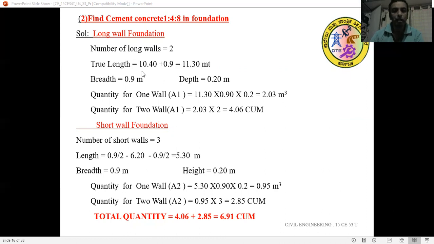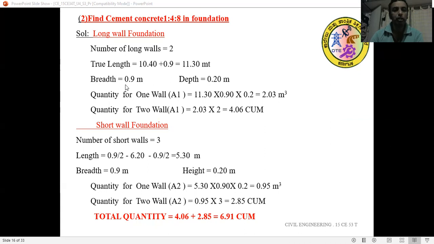This can be obtained from 10.4 meter, the center to center length of long wall, plus you have to add one breadth of the particular item of work. That means 0.9 meter, equal to the width of the PCC. Adding both values, you will get 11.3 meter, equal to the total length of the PCC for long wall.